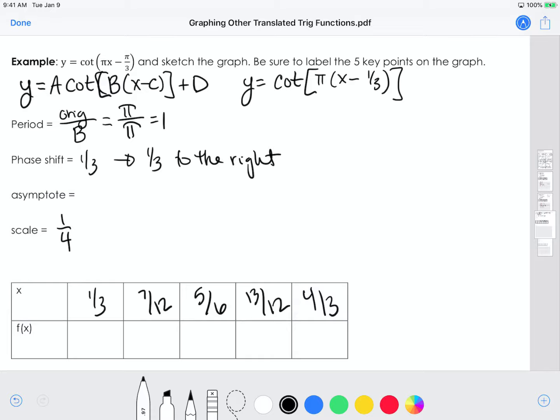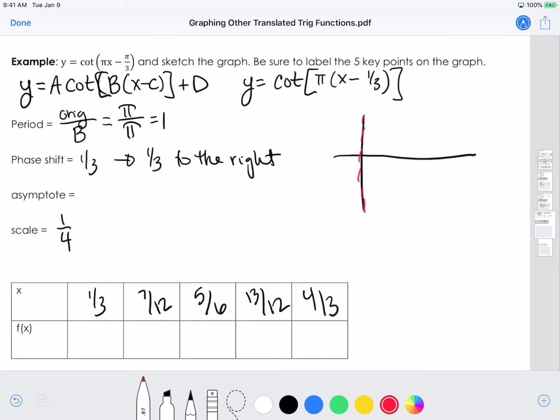Now I can check to make sure that my length is correct. I should have a total period of 1. So if I take 4/3 minus 1/3, that definitely gives me 1, and it works. Now when I look at the mother function for cotangent, cotangent is going to have asymptotes wherever y is 0.